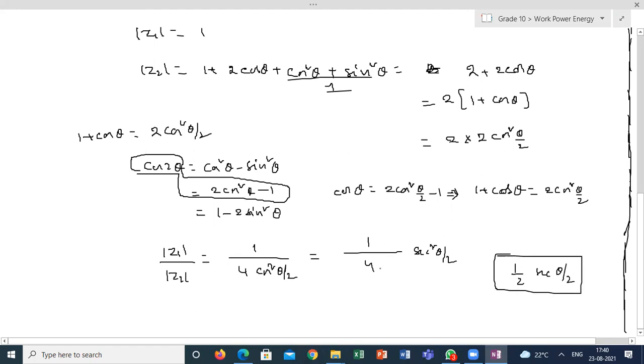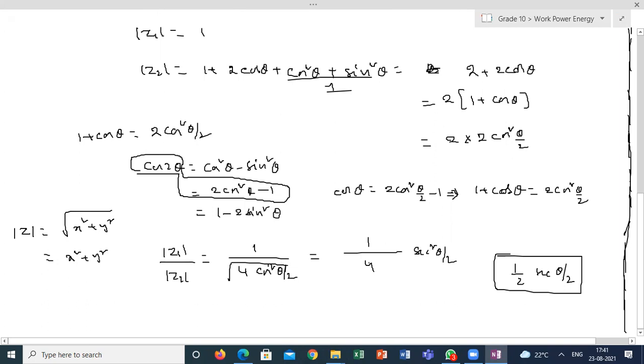How will you relate your answer in this case? Sir, should we square root it? Is the modulus of z root of x square plus y square or x square plus y square? Root of x square plus y square.